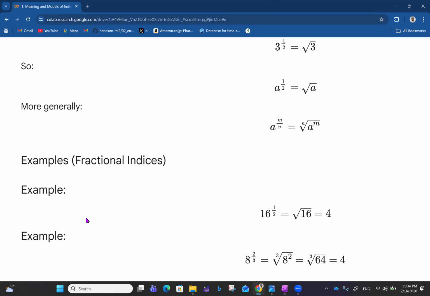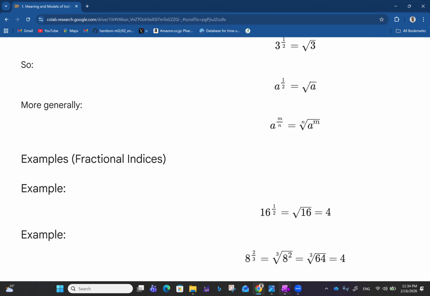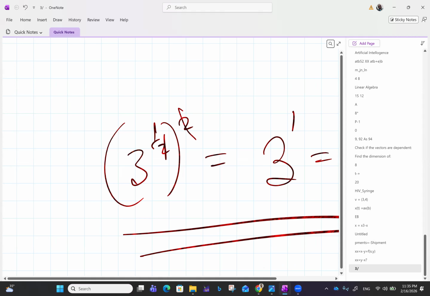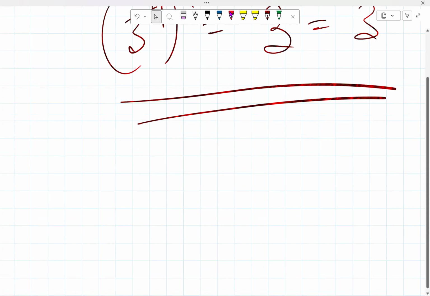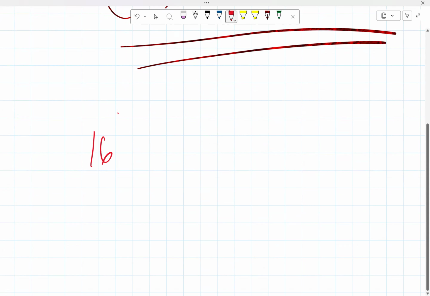Now, another way to take care of this. You have 16 raised to the power half and 8 raised to the power 2 over 3. So how do you take care of this alternatively? For 16 raised to the power half, you can represent 16 in different ways.